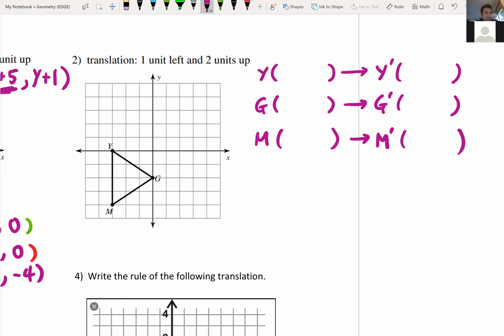No, you don't need to graph the diagram. If you want to, please work on it. That would be wonderful. But I'm not going to require you to copy the diagram. There was a question about that.